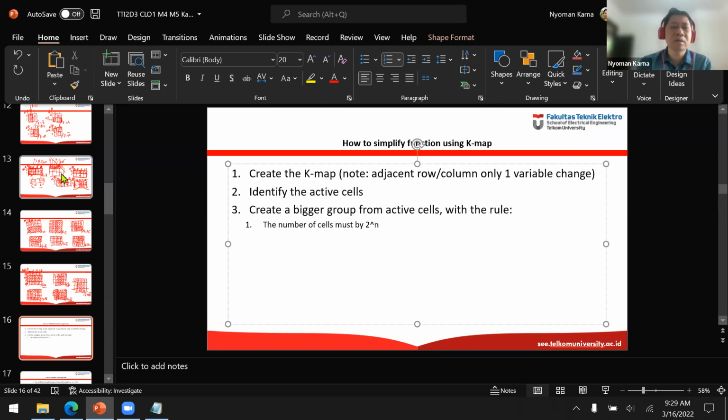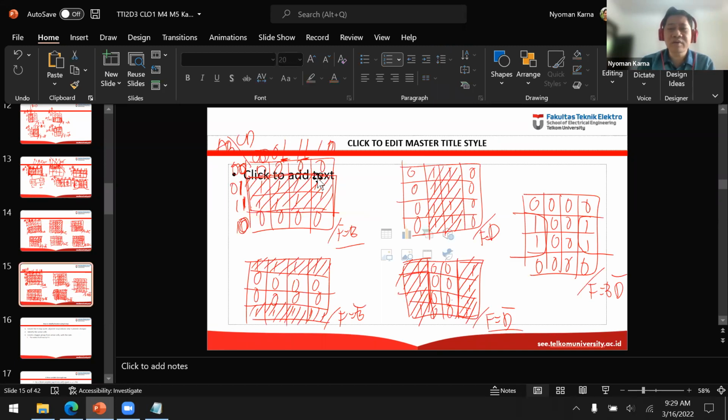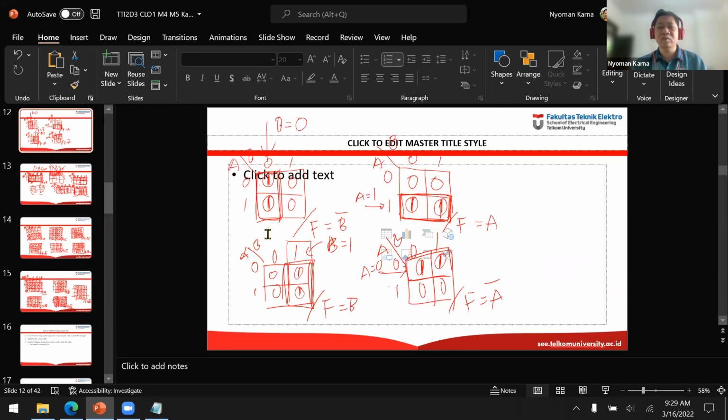Remember, take for example like this. The number of cells in a group must be either only 1 cell, or 2 cells, or 4 cells, or 8 cells. This is an example of 8 cells. And this is an example of 4 cells. And this is an example of 2 cells.